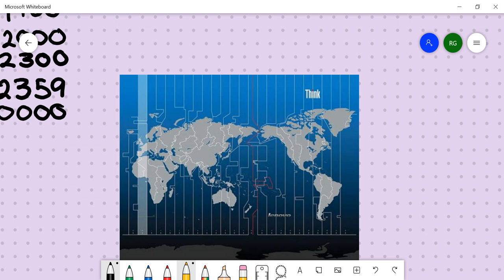So in each of these bands, I might use the yellow pen, the time is different. And that's because on one side of the planet it's nighttime and at the other side of the planet it's daytime. And everyone wants to be eating lunch in the daylight.